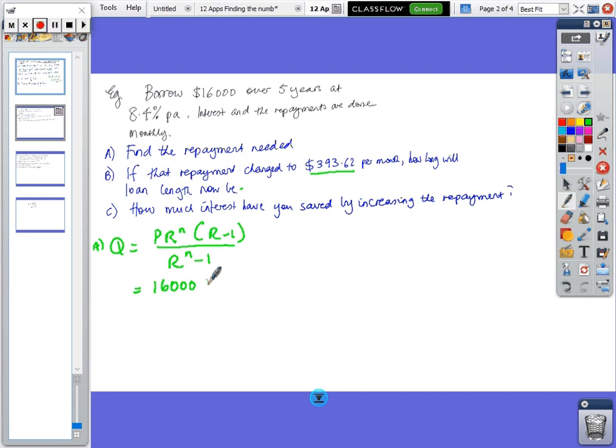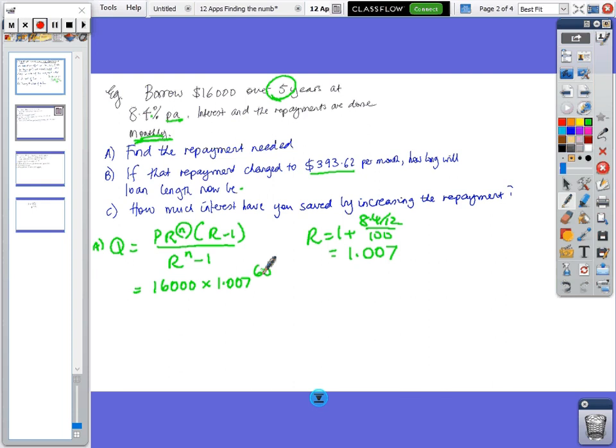Now we should do the calculations for R. So R equals 1 plus 8.4, and that's per annum, but the payments are monthly, so we divide by 12 and then over 100, and according to my calculator it's 1.007. Okay, so on your calculator, Q equals P times 1.007. N is 5 years of months, so that's going to be 60.